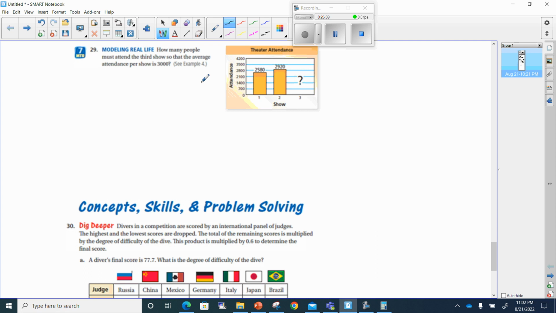Adding all these together, so you'd have 2,580, adding that to 2,920, and adding it to some number, which we'll just call n, right? And then once you add these together, you have to divide it by 3, and that will equal, remember, you want 3,000.